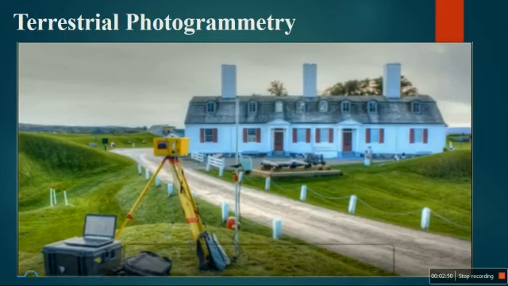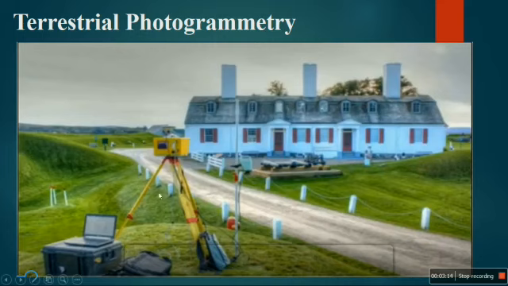Coming to terrestrial photogrammetry. This is also a branch of photogrammetry wherein photographs are taken from a fixed position on or near the ground. An example of this is taking pictures or photos by using a mobile.